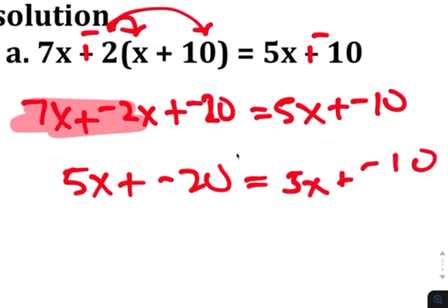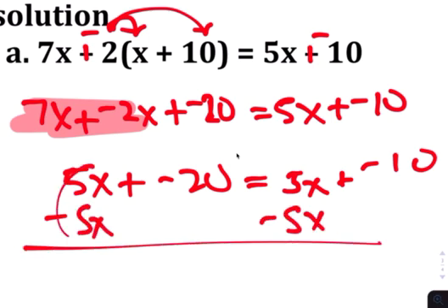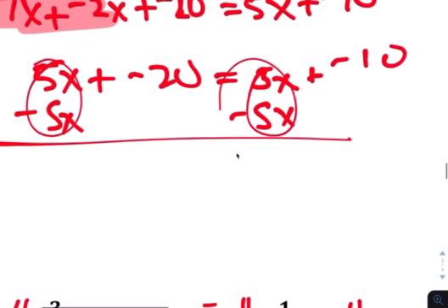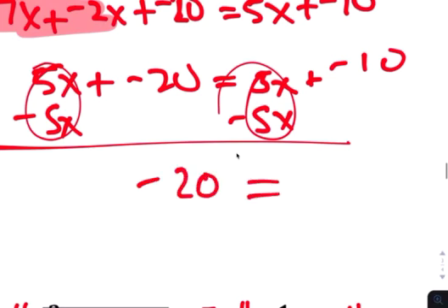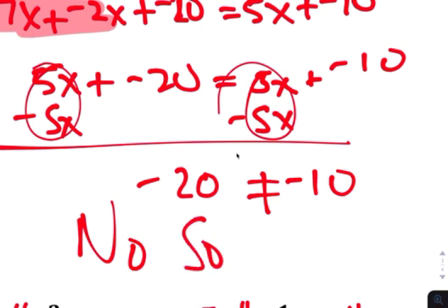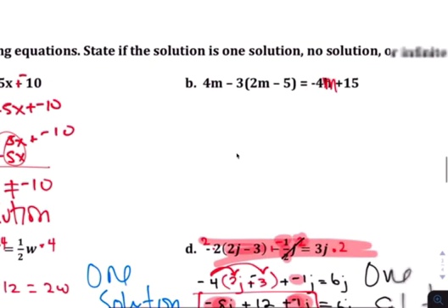Okay, minus 5x to both sides. This is 0, 0 on this side too, so negative 20 does not equal negative 10. This is called no solution. Okay, that's one beside it.